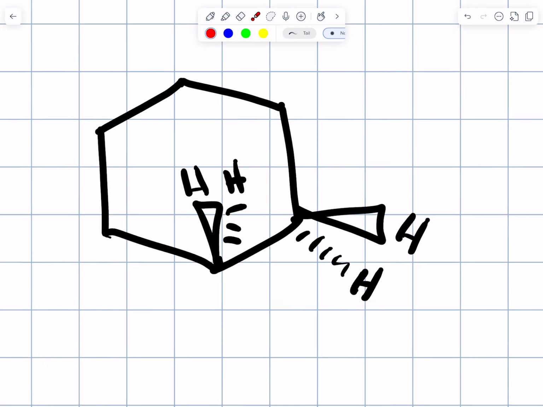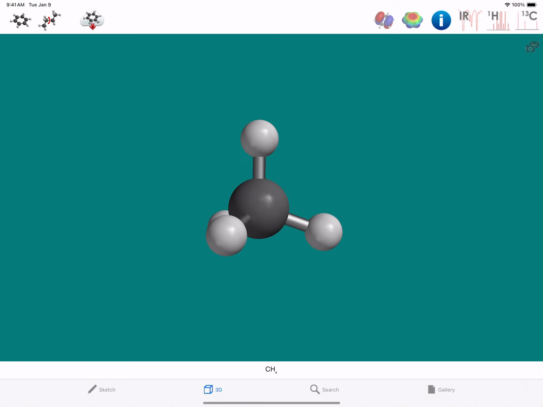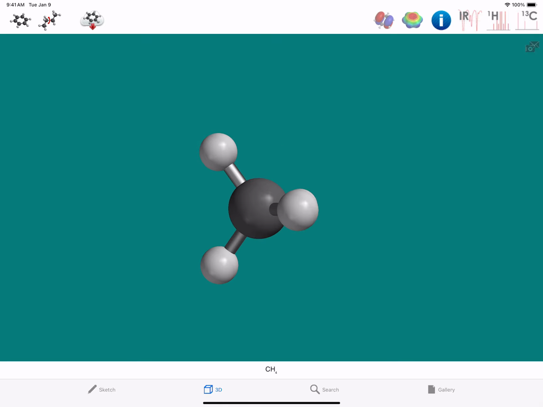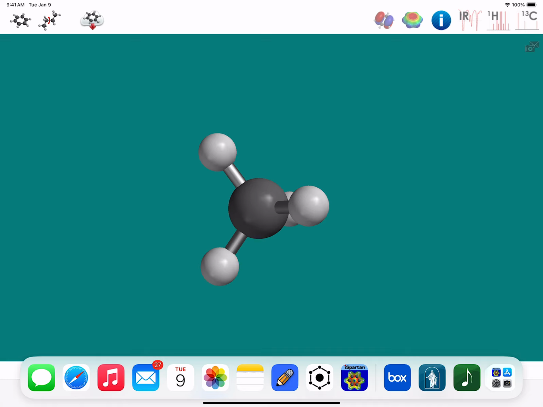So it doesn't actually represent tetrahedral geometry. If you take any two of those bonds and put them in the plane of the page, the other two are going to be pointing in the other direction. And it's not exactly straight out. It's straight out but angled towards you.